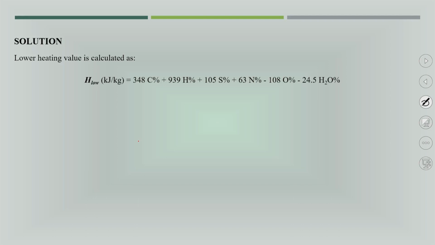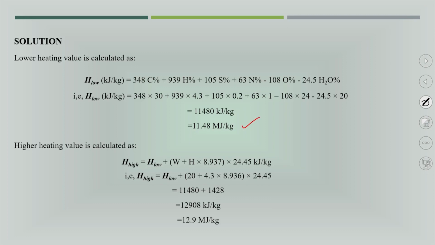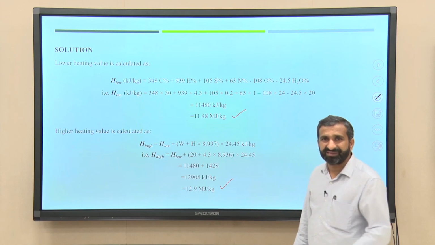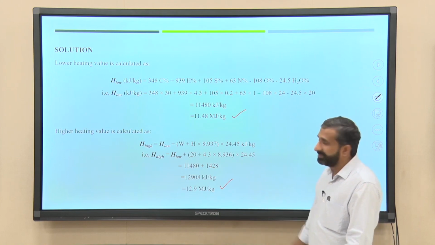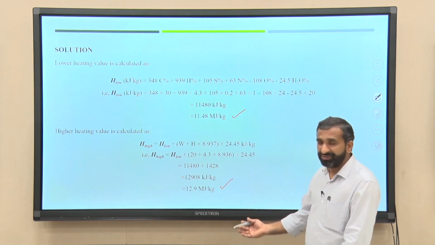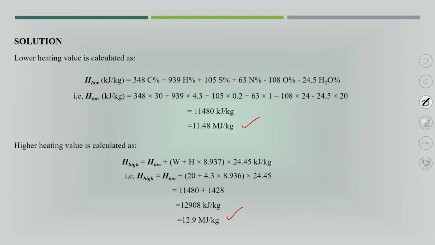First we calculate the lower heating value by this equation, and we get 11.48 megajoule per kg, and the higher heating value by this particular equation, and we get 12.9 megajoule per kg. So, once the characteristics like CHONS percentage and H2O percentage are given, we can easily calculate the theoretical net calorific value and gross calorific value.